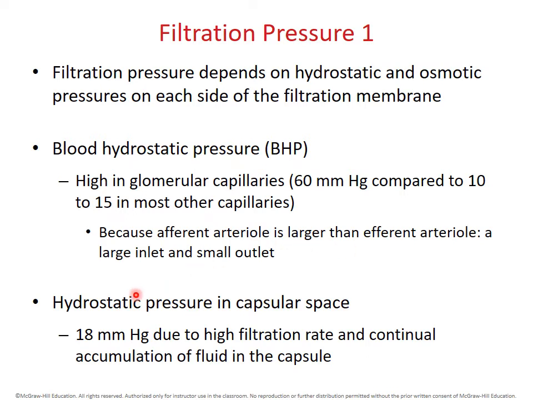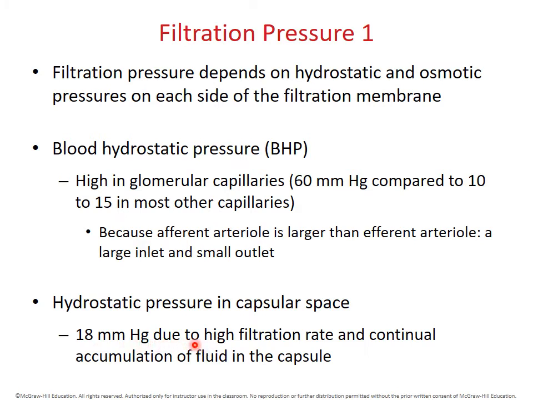Now, in order to understand the net pressure that's going to push fluids or materials out, we need to know what the pressure is outside the glomerulus, just like we had to know that pressure for conventional tissue spaces. Well, there is a hydrostatic pressure in the capsular space. It does fluctuate, but on average, the hydrostatic pressure in the capsular space outside the glomerulus is about 18 millimeters of mercury.